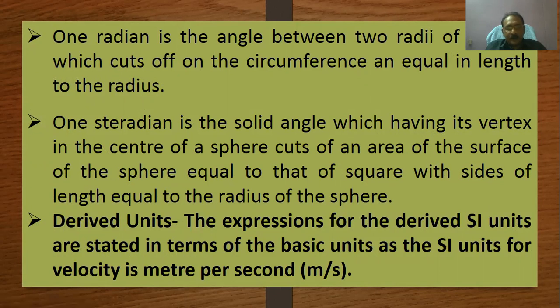And there are derived units. What are the derived units? Derived units are derived from the basic units. For example, in standard SI units, what is the unit for velocity? That is meter per second. Length by time, kilometer per hour or meter per second.